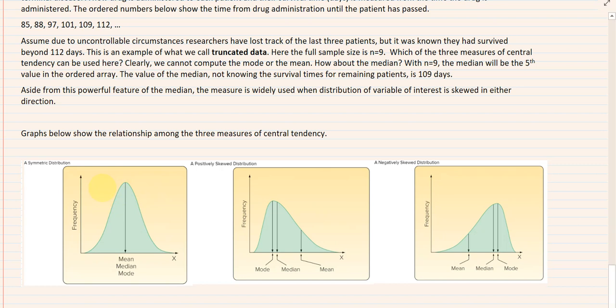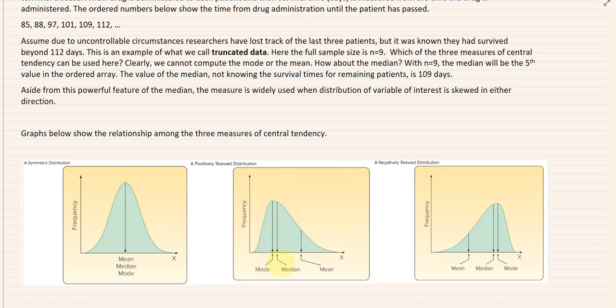Now, for a right skewed distribution, like this one, in a right skewed distribution you start with the mode.